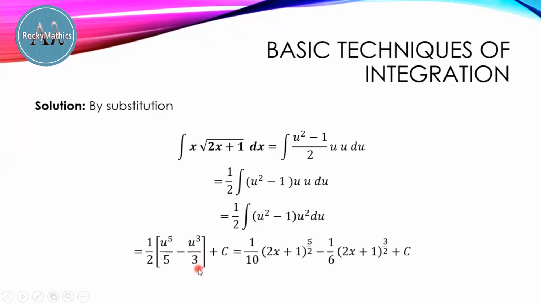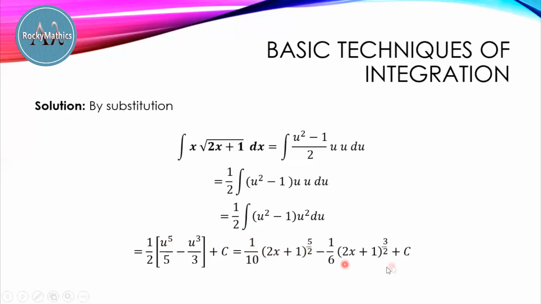But in our problem, we have to remember that the answer must be in terms of x. So all we have to do is substitute our u, which is in terms of x, into this u. Since our u is the square root of 2x plus 1, or 2x plus 1 raised to 1/2. So by substituting this to our u, 1/2 times 5 becomes 5 over 2.